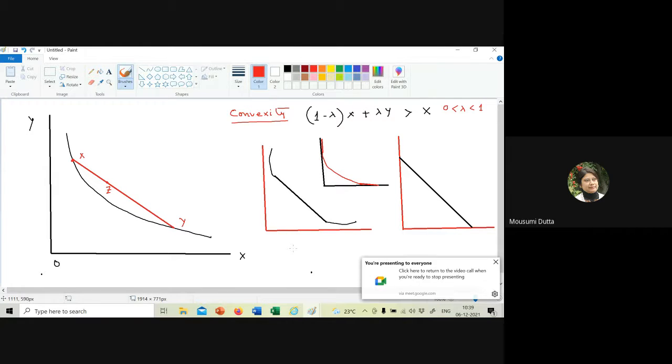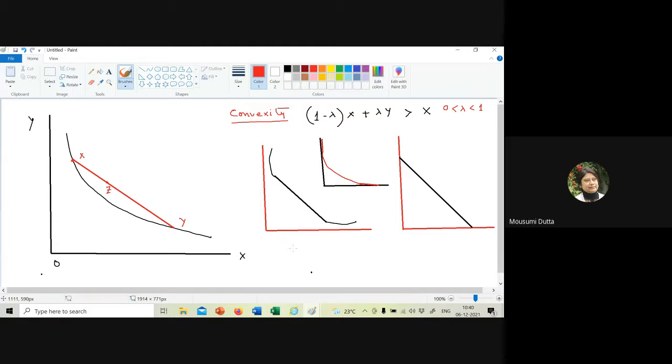While I am talking about diminishing marginal rate of substitution, I'm saying that the slope of the indifference curve is becoming flatter and flatter as we move along the curve from left to right, and this is possible only with a strictly convex indifference curve.